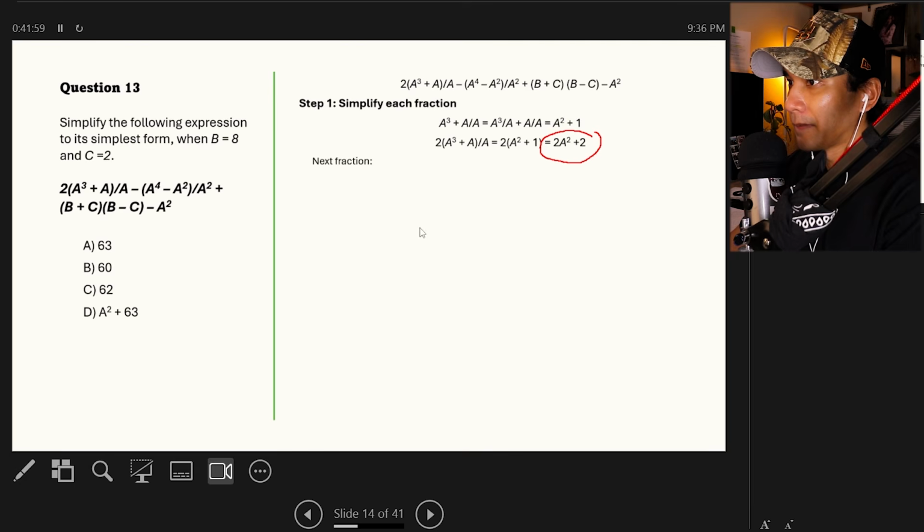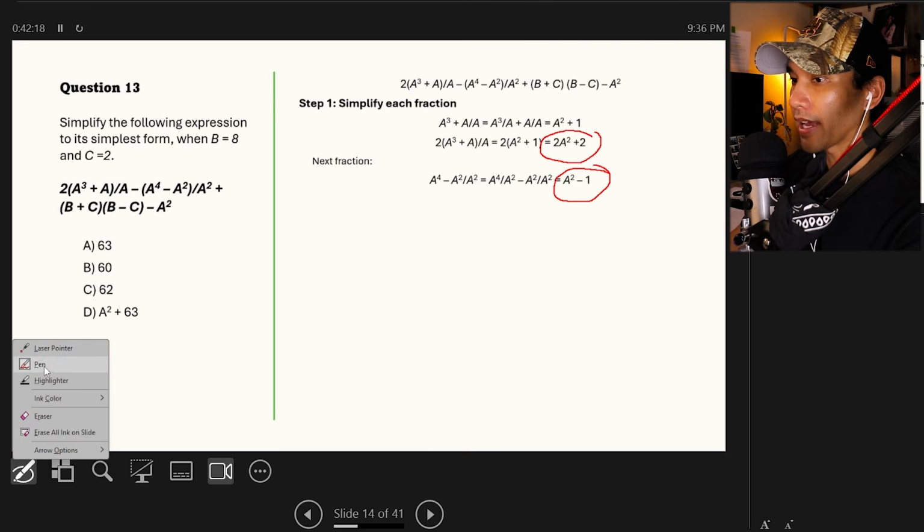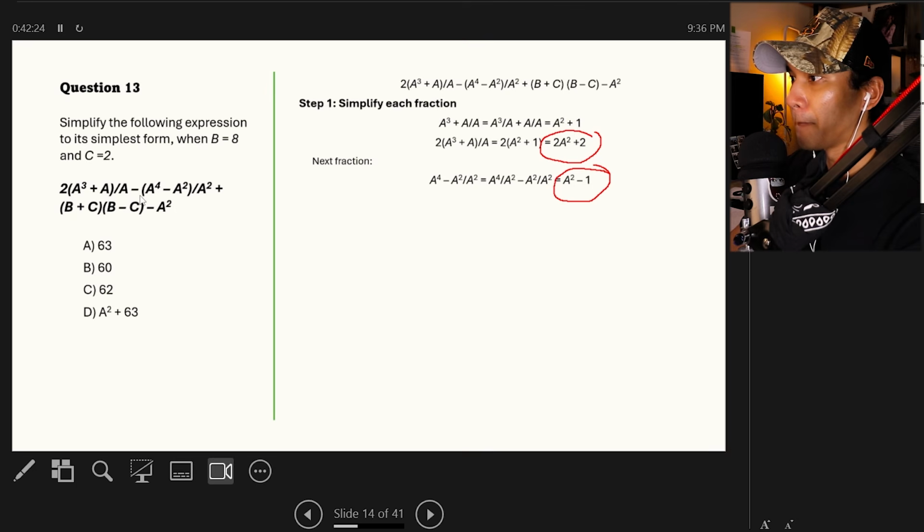Next fraction: a to the fourth power minus a squared over a squared, which is a squared minus 1. So it's going to be 2a squared plus 2 minus a squared minus 1, plus whatever's happening over here.